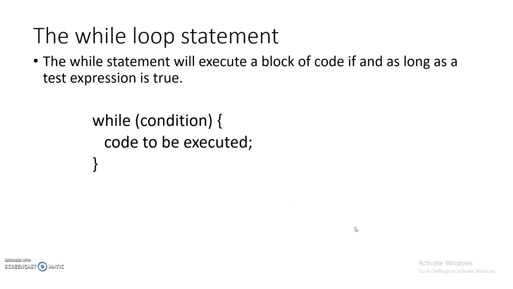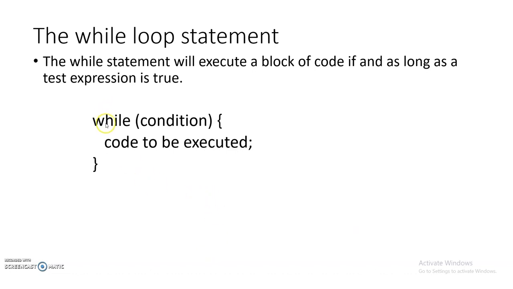Next is the while loop. The while loop is also known as an entry control loop, like the for loop. That is, it first checks the condition at the start of the loop, and if it is true, then it enters the loop, executes the block of statements, and goes on executing it as long as the condition holds true.